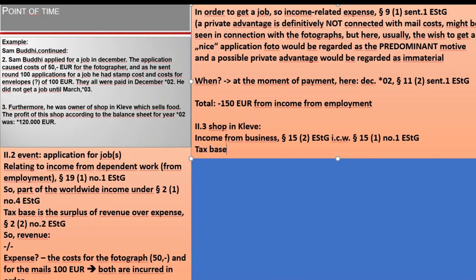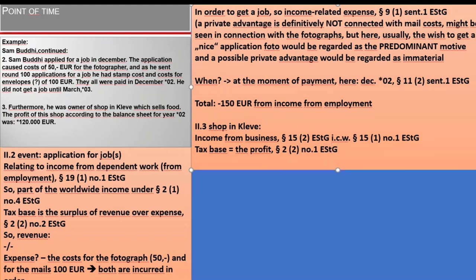Tax base for income from business is the profit. This is now 2 number 1 ESDG, and the point of time is the closing date of the balance sheet. And here, yes, that was 4A for a natural person. Paragraph 2 number 2 ESDG.